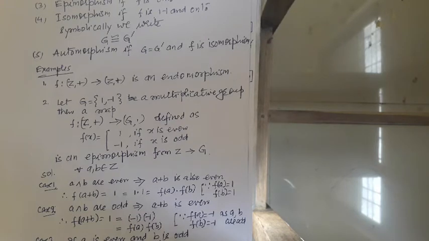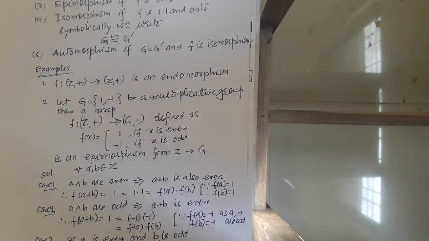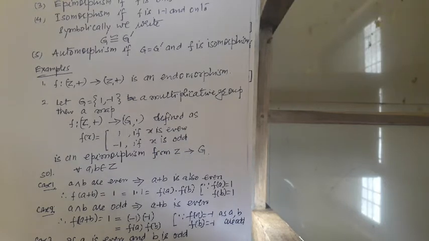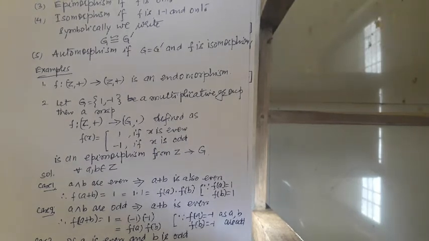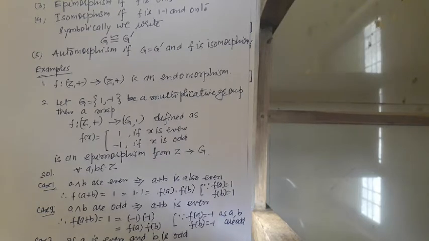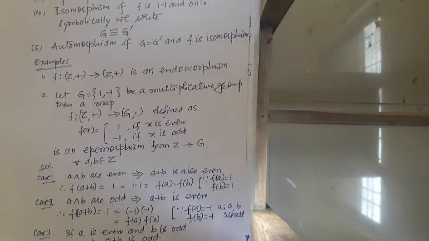Then a map f from Z to G is defined as f of x equals 1 if x is even, minus 1 if x is odd. So this is the definition of the function. It's an epimorphism from Z to G.